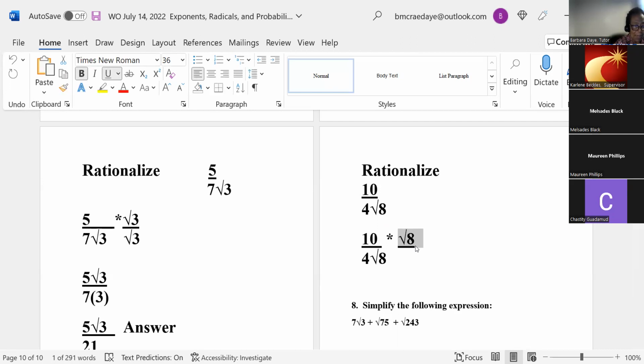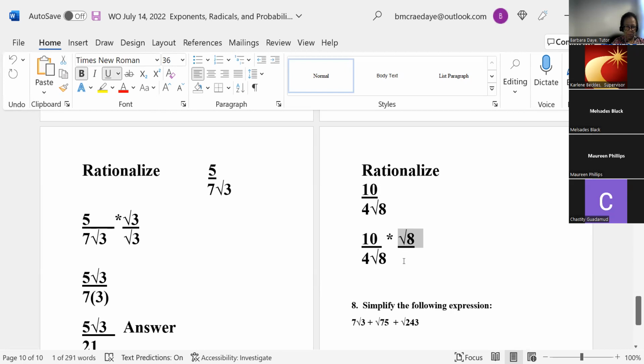What do I do with my denominator? Put the radical 8 on the other 8. 4 times square root of 8 becomes what, Maureen? Tell me what to write right here. Square root 8.